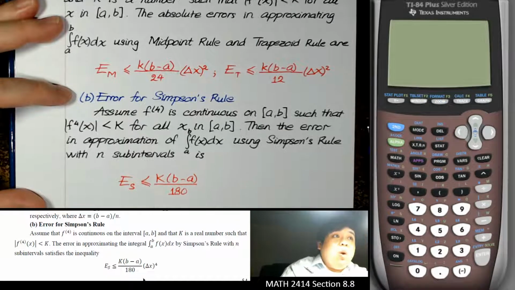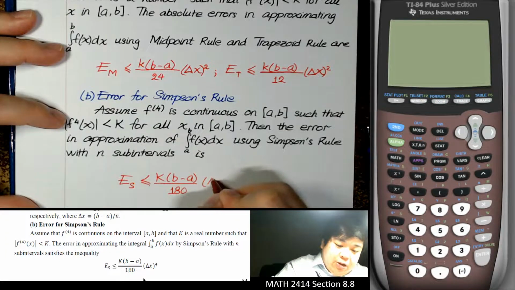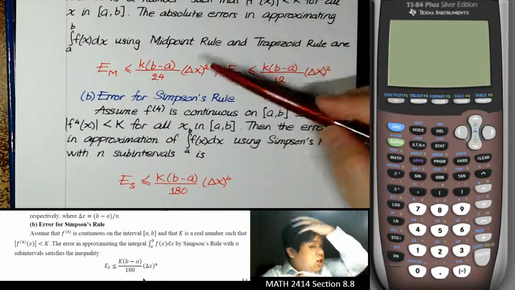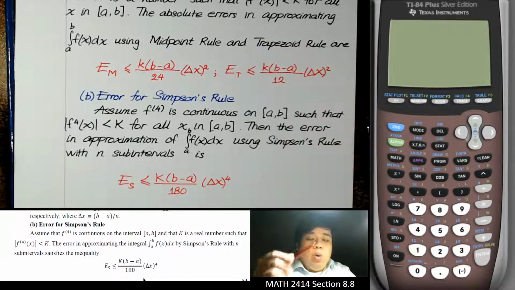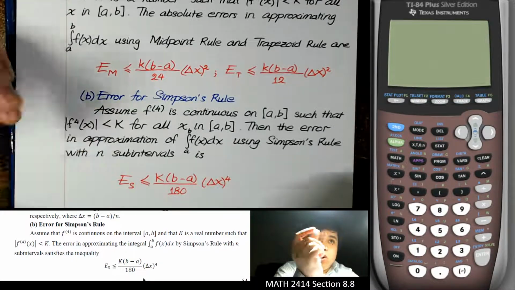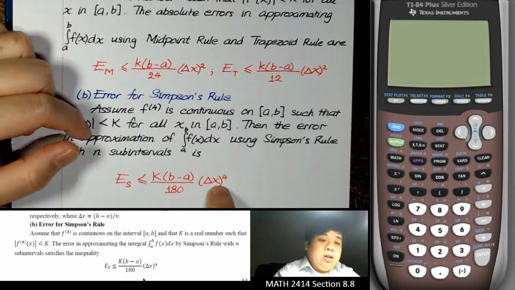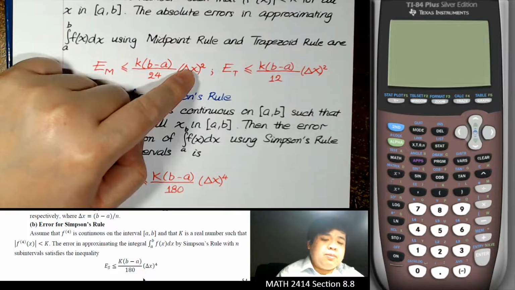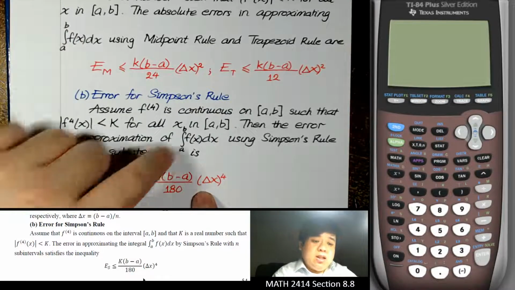So divided by 180 is even smaller, and delta x to the fourth power. So in the comparison of all of this, when all things are equal and delta x is very small, usually the fourth power is a lot smaller than the square. So this error is the best of all of these.